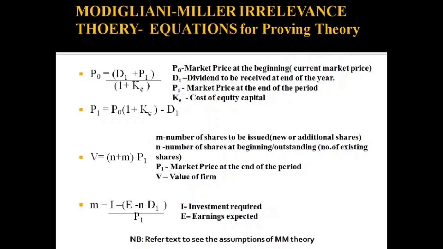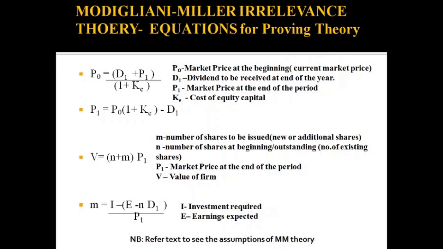The second equation we can get from the first equation itself. P1 is equal to P0 into 1 plus KE minus D1. And the third equation, V is equal to N plus M into P1, where V is the value of the firm. M means the number of new or additional shares to be issued. N means the number of shares at the beginning, that means the outstanding number of shares which already exist.